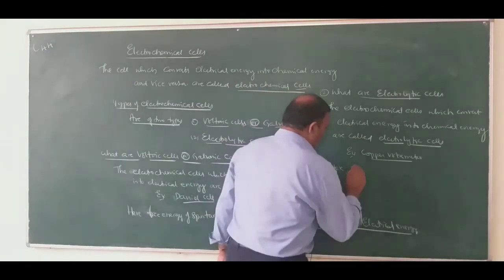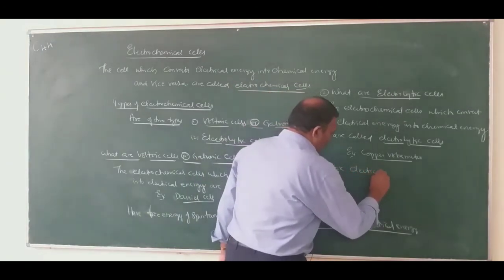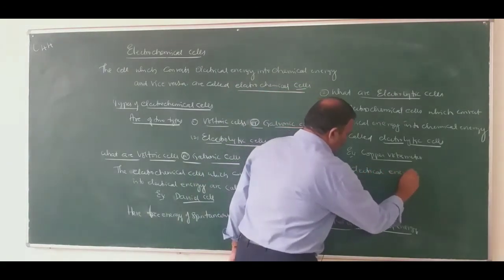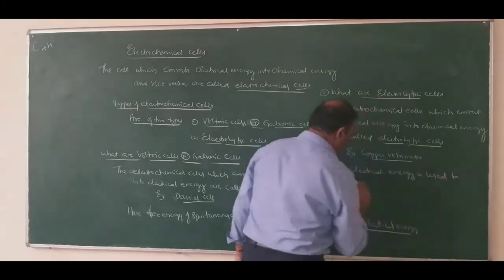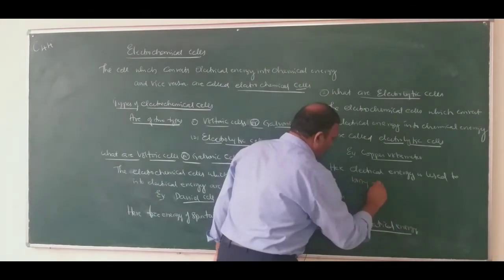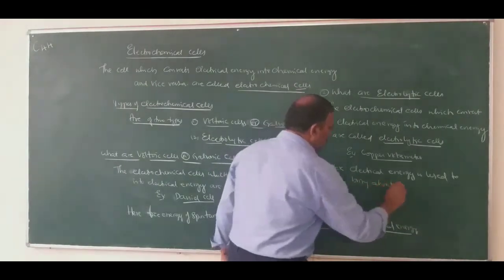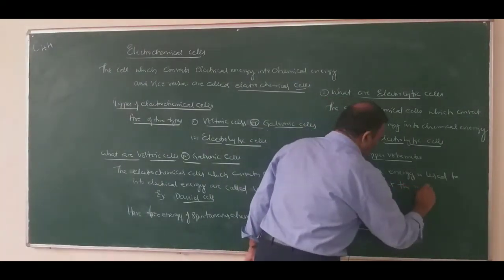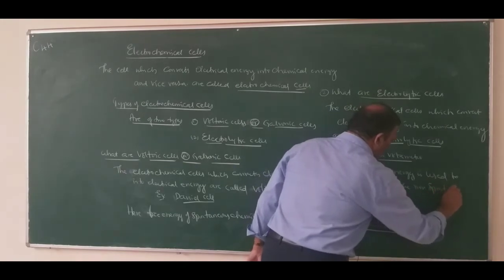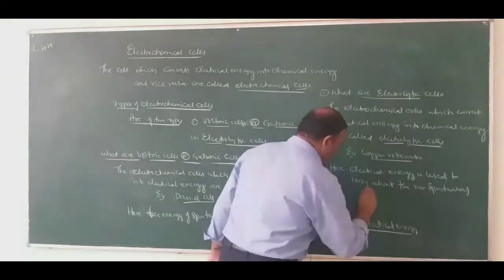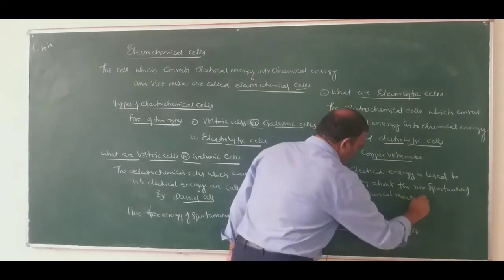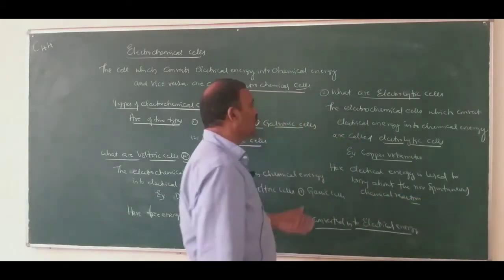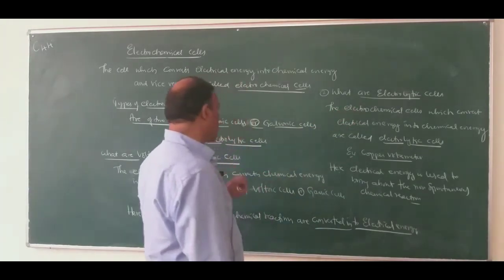Here electrical energy is used to bring about non-spontaneous chemical reactions. So this is the difference between electrolytic cells and galvanic cells.